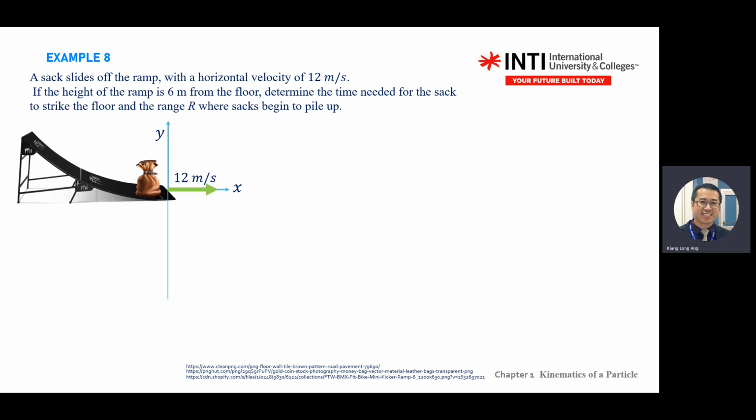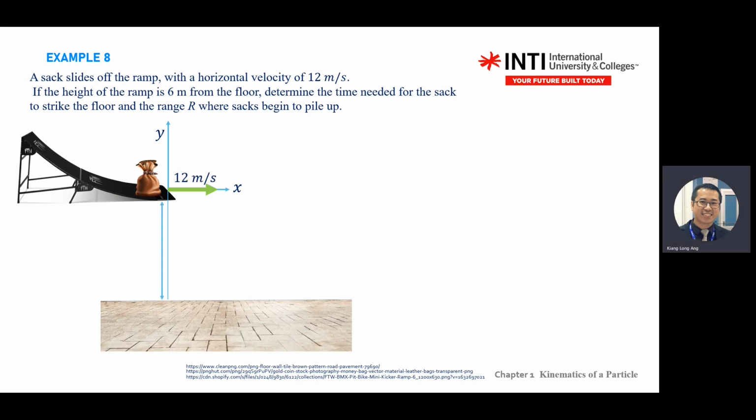So you're given a sack sliding from here with a horizontal velocity of this one, and it gives you the height from the floor, 6 meters. You need to find the time needed for the sack to fall onto the floor.